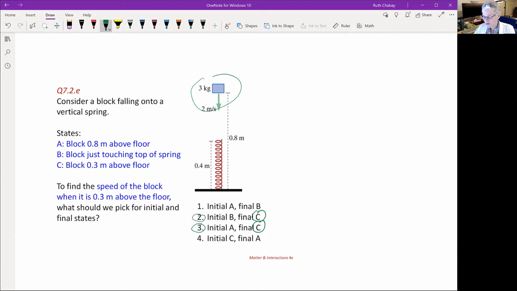We can pick B as the initial state because we actually just worked that out. So we now know all the details of how fast the block is going just before the block hits the top of the spring. So we could do that either way.